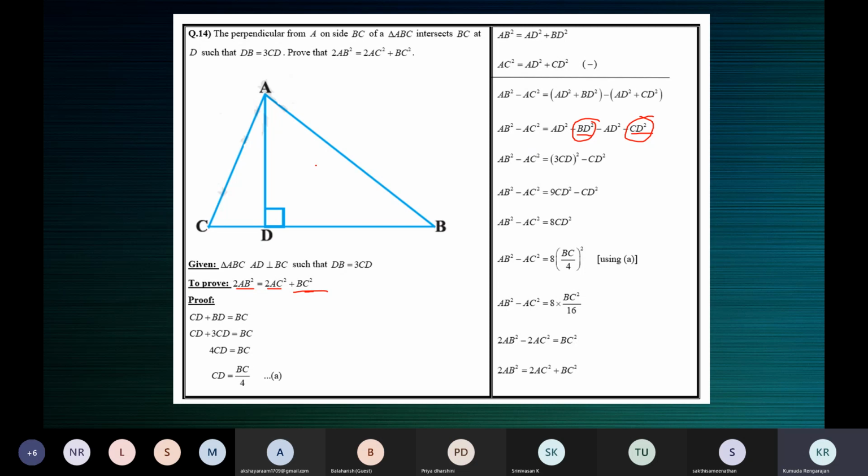They are on BC. You can see it here. Where is BD? BD is on BC. Where is CD? CD is also on BC. And you know that we want BC in the result. So we write BD and CD in terms of BC.